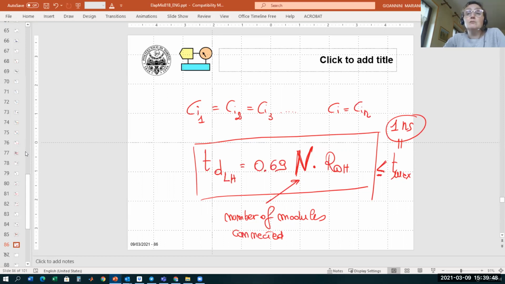If the requirement of my design, for the speed of the exchange of information in my circuit, is that all the delays must be smaller than 1 nanosecond, what do you conclude, looking at this formula? Yeah, I conclude that I can't connect too many gates.